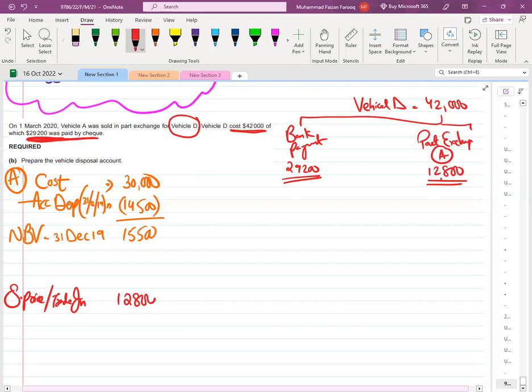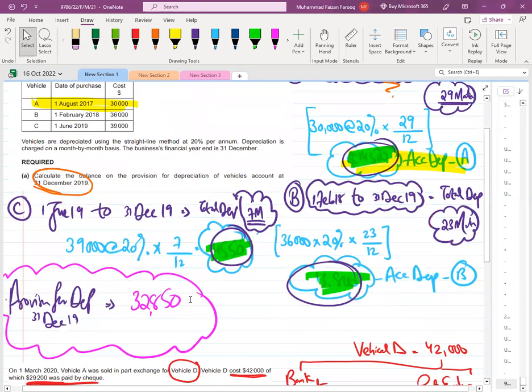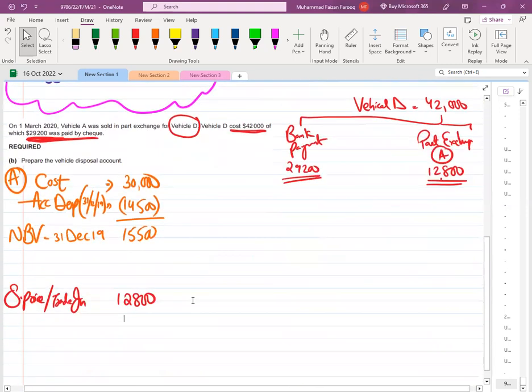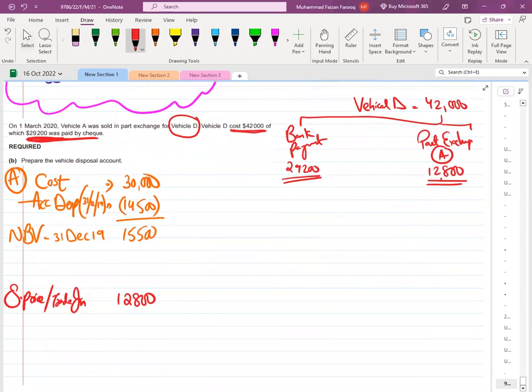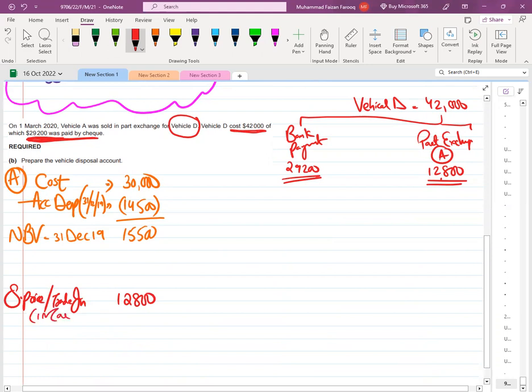Now my question is, what is the policy of depreciation? Depreciation is charged on a month by month basis, right? So we need to include the depreciation till March. We need to calculate depreciation till March because we are selling on 1st of March. So we cannot compare this date, 31st December, with 1st of March.